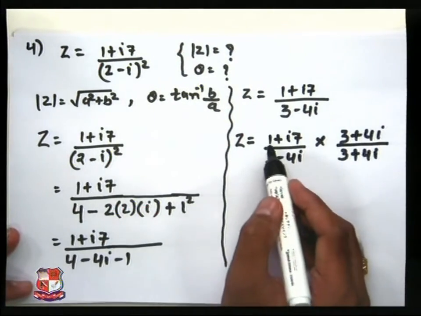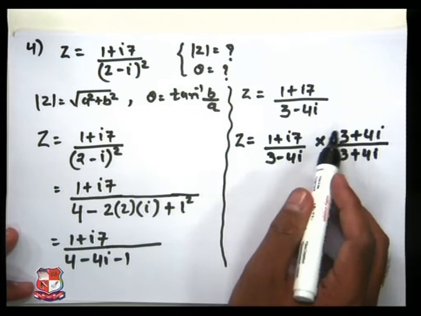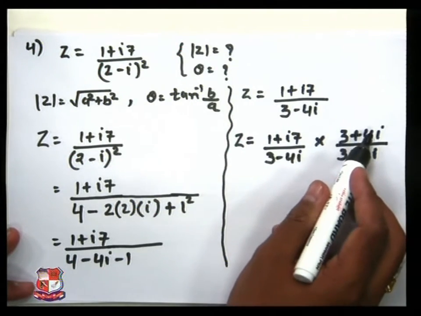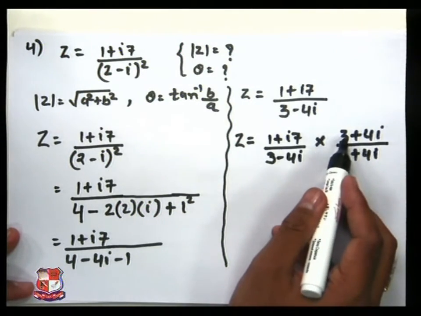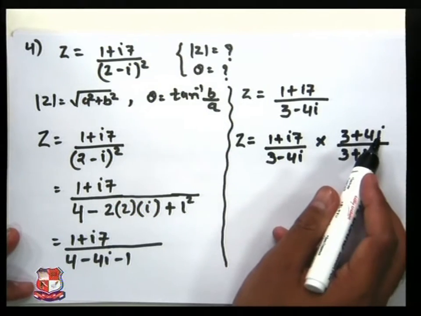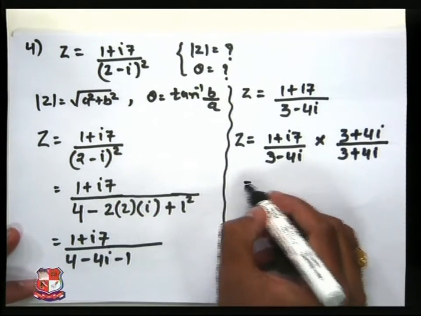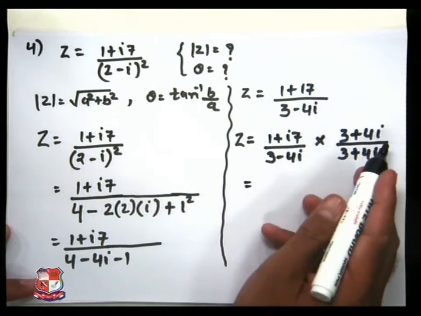Now we multiply 1 with 3, 1 with 4i, i7 with 3 and i7 with 4i.